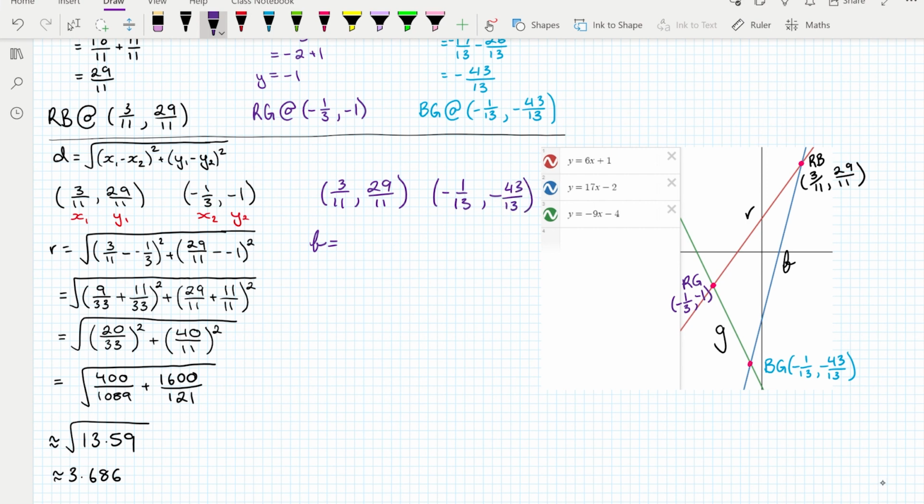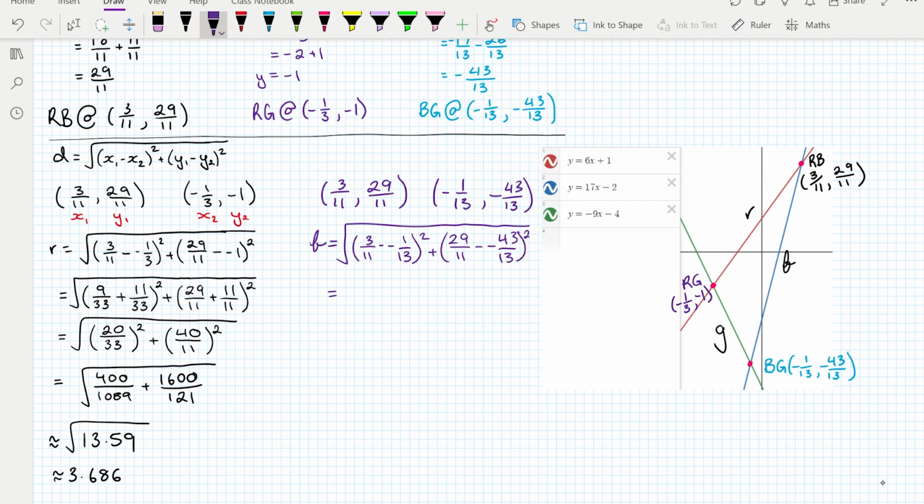Okay, so we're looking at the distance between those points. So we've got the square root of 3 divided by 11 minus negative 1 over 13 squared plus 29 over 11 minus negative 43 over 13, also squared.